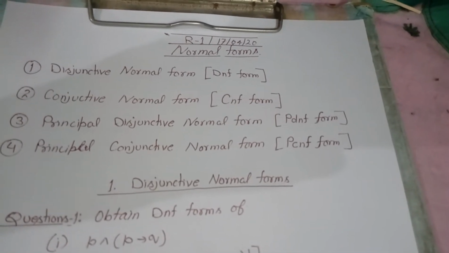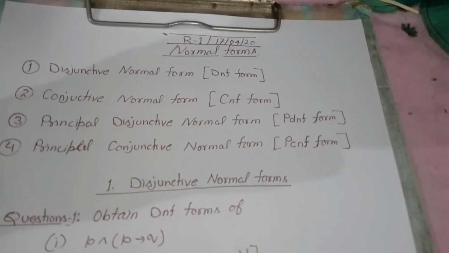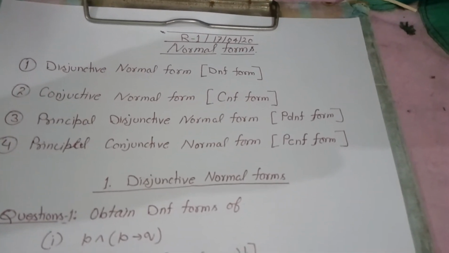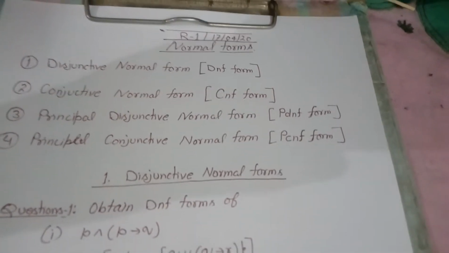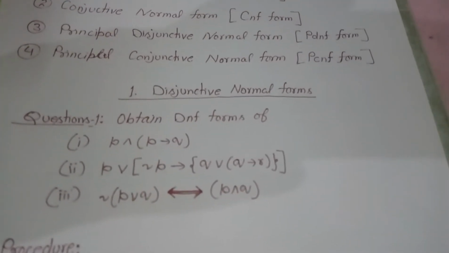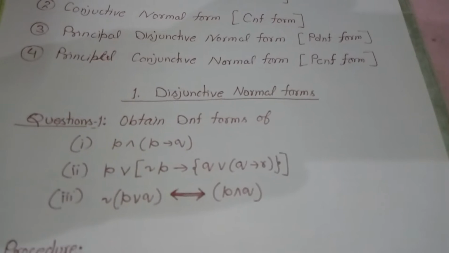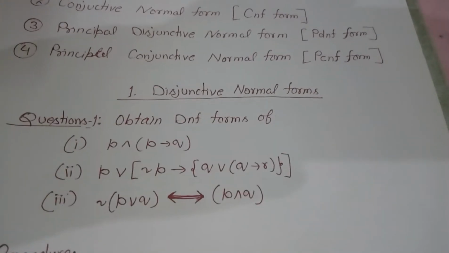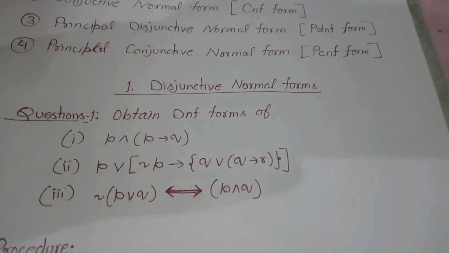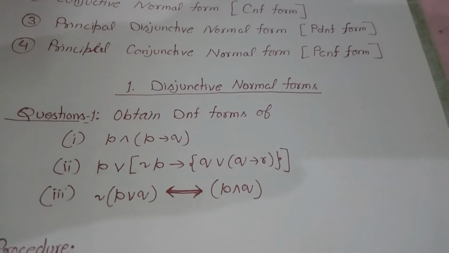Today we will discuss how to find disjunctive normal form from the given compound statements. Here on the screen there are three compound statements given. We have to find the DNF of all three compound statements.